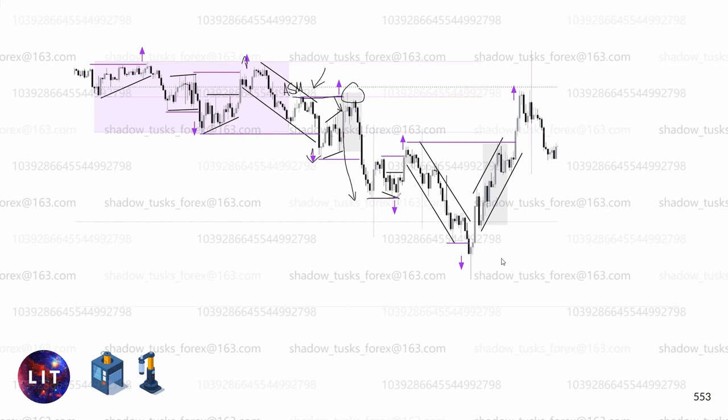Create equal lows, induce low to induce high so that we can continue the move. Then, okay, at this point, we've had another channel, significant channel into an inducement to the downside. Let us get another inducement to the downside.